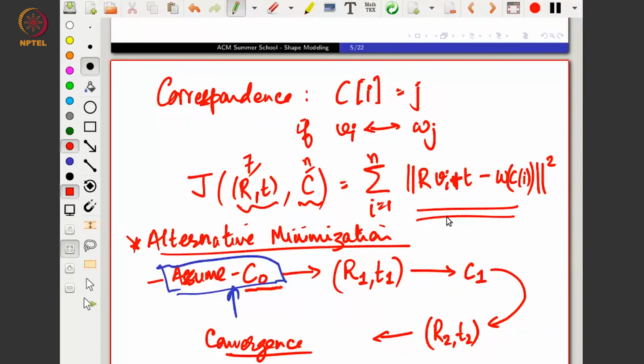So after finding R star and T star, you apply it, right? So as to align your source mesh and the target mesh re-indexed with the appropriate correspondence, right? Yes, sir.